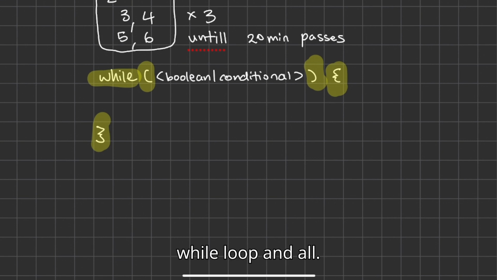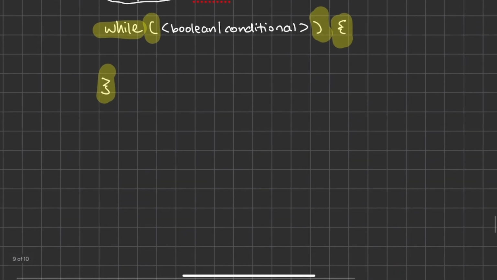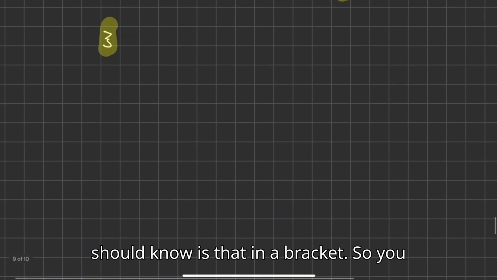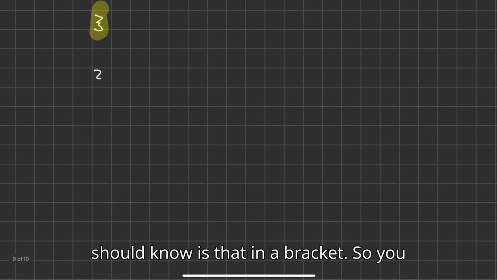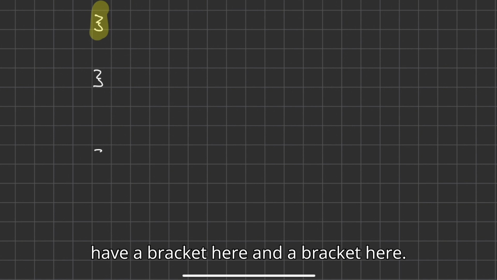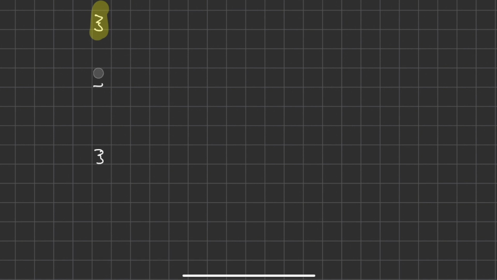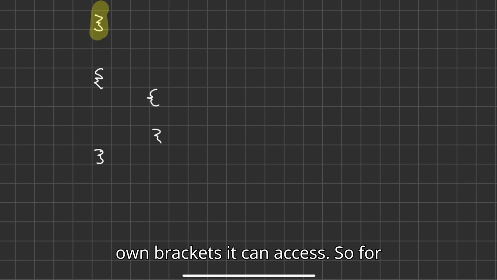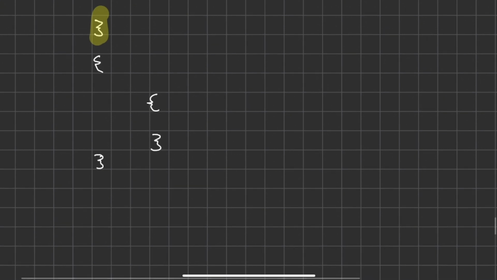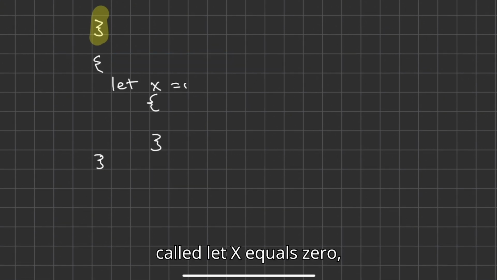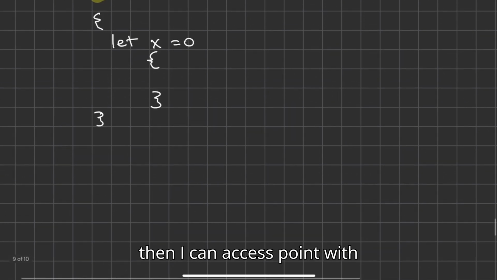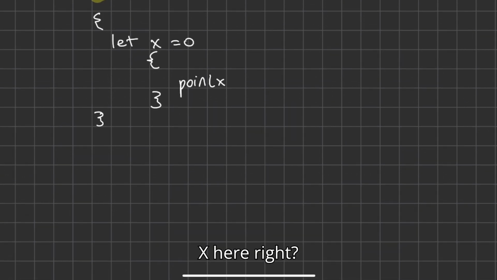And so something new about brackets they should know is that in a bracket, so you have a bracket here and a bracket here, then anything inside of its own brackets, it can access. So for example, if I have a variable up here called let x equals 0, then I can access point with x here, right?